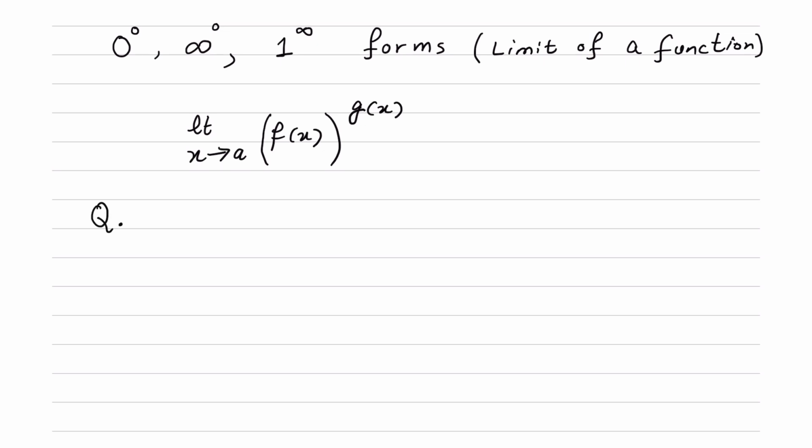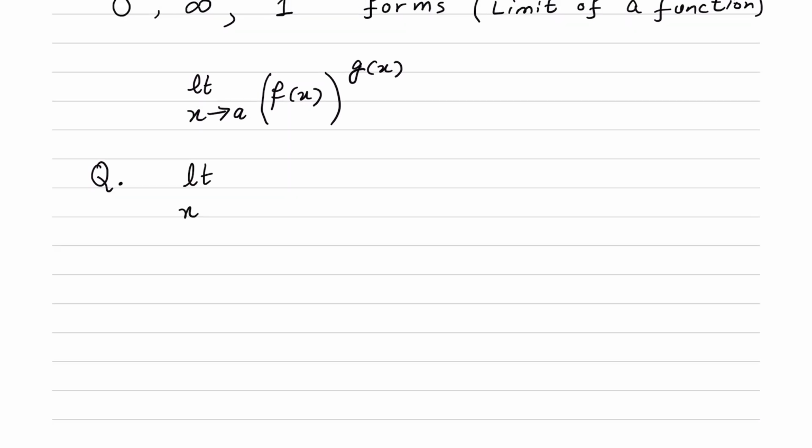Let's start with the problem. We have to find the limit of a function (1 plus x) to power 1 over x when x is approaching 0.